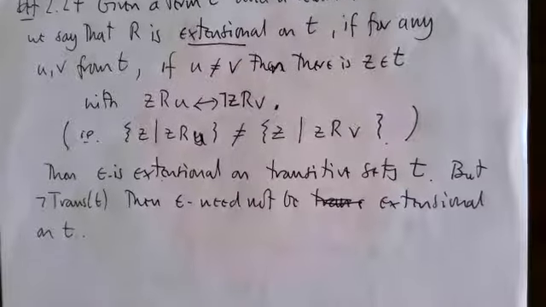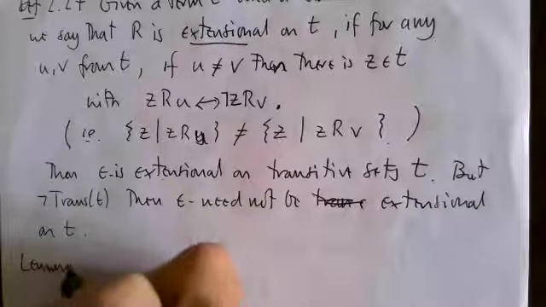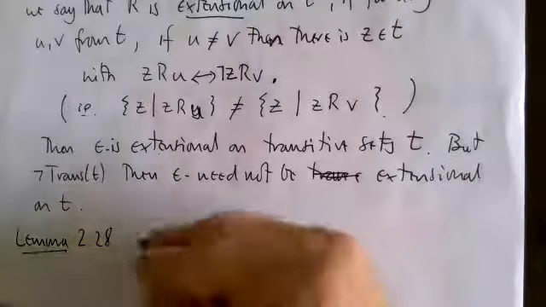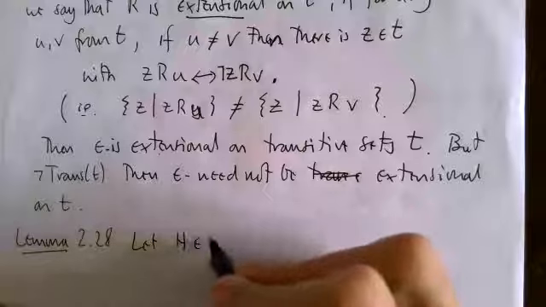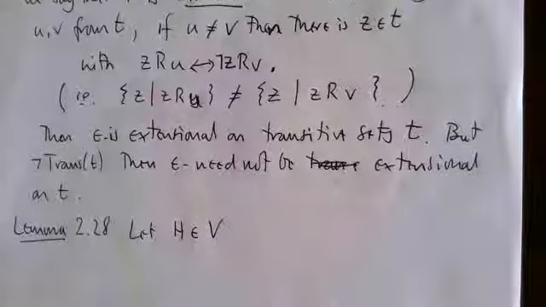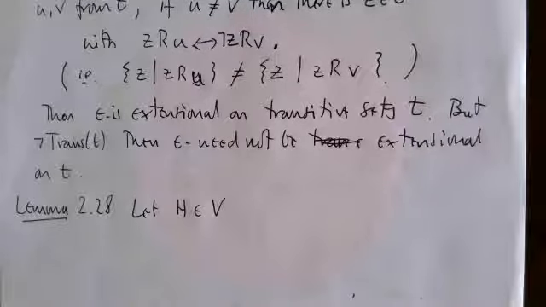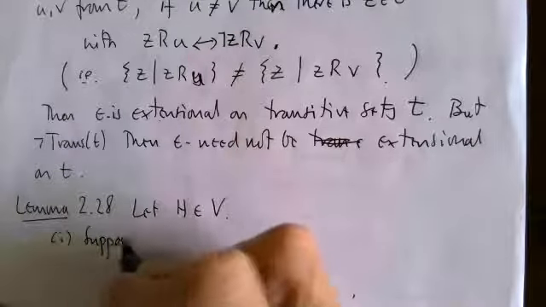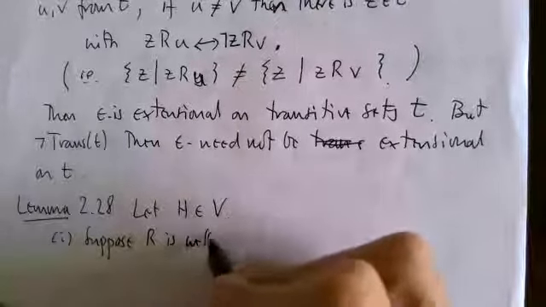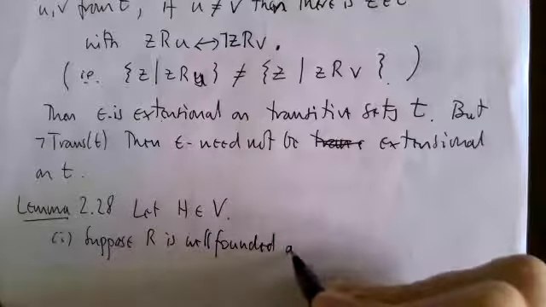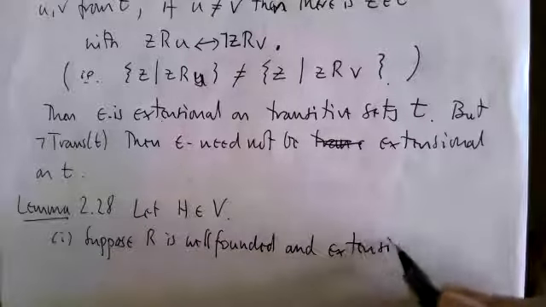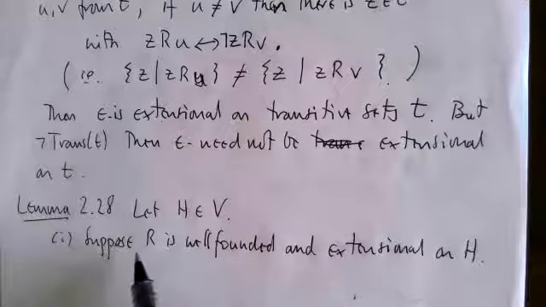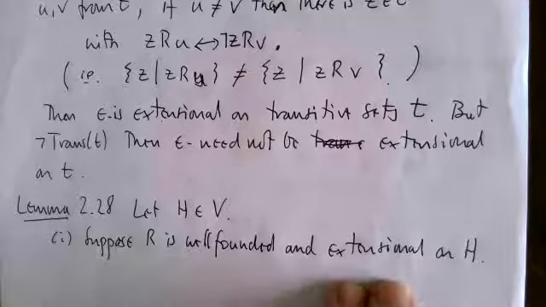And what will the lemma say? So I pick a set in V, and we suppose we've got a relation that is well-founded and extensional on H. So it's a two-place relation, and like epsilon, it's well-founded and it's extensional.